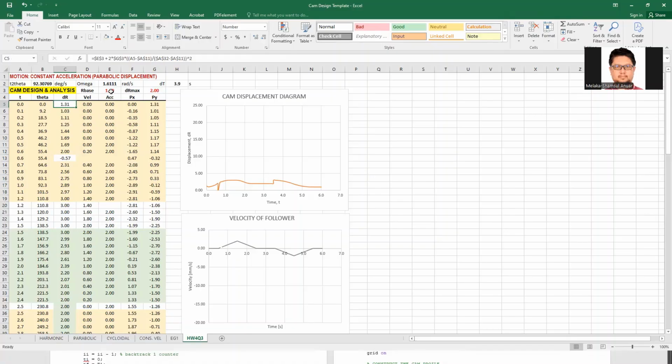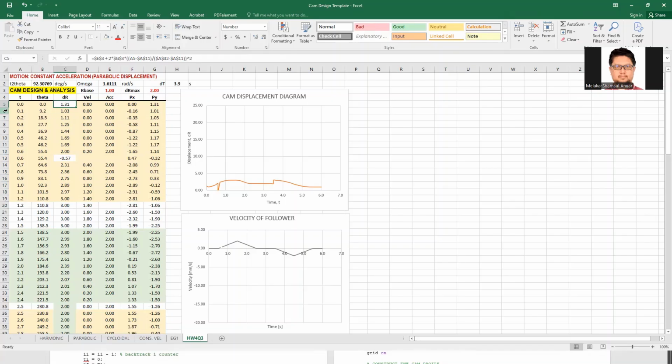Okay, so you can set other value for that as well. But for now, for me, I set it at 1. So that is that. Then the rise, total rise is 2 inches. So 2 inches is from this cell. So that's G3.